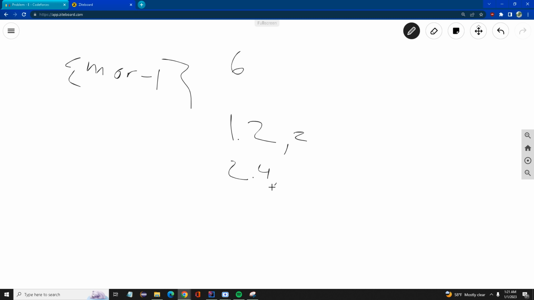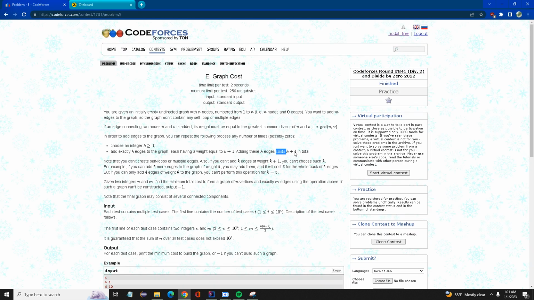So if we add two edges, the cost is two, and then on the second operation we might do four, and then the cost would be four. So you realize that if this question was just costing k, not k plus one, then it would just be to fill the entire graph, but also you want to fill the entire graph to m edges.